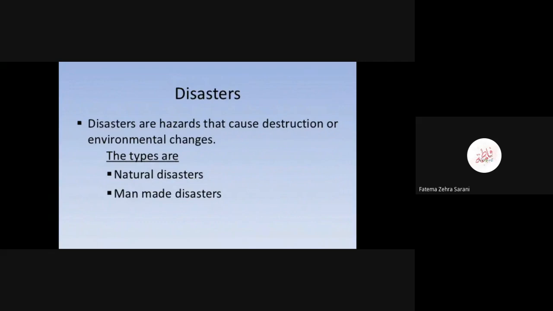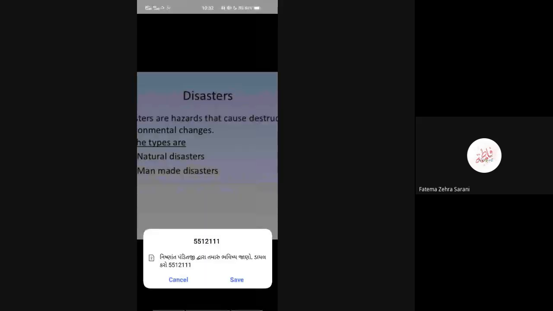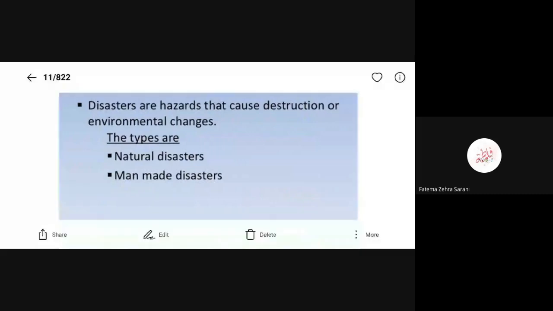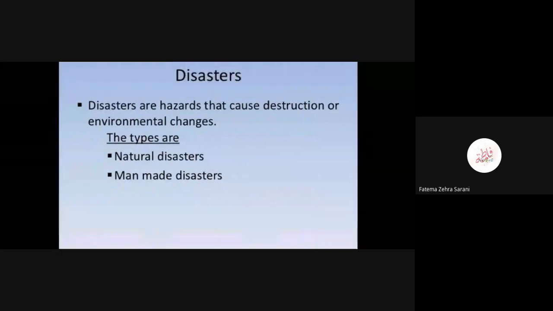Disasters are hazards that cause destruction or environmental changes that will be disrupting the environment. Yes, it is hazardous. How many types of disasters are there? Natural disaster and man-made disaster.